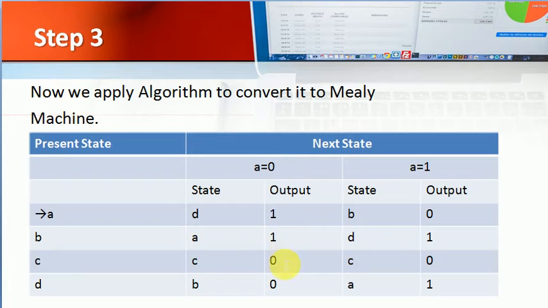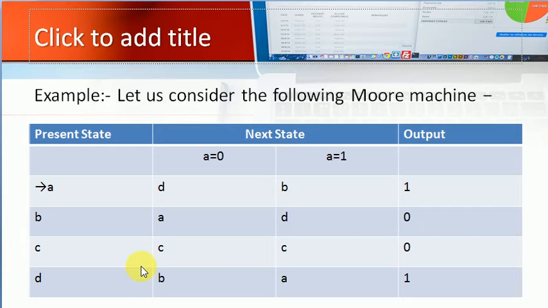The output which we are getting here, we can clearly see from here: A output is 1, B output is 0, C output is 0, D output is 1.